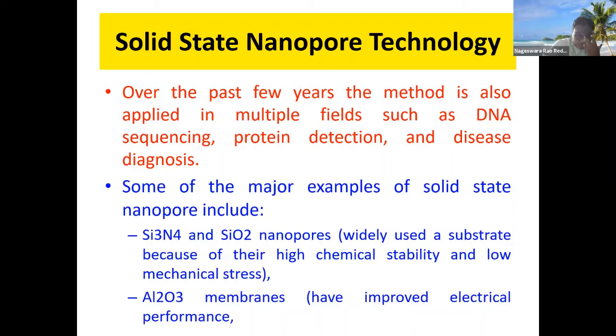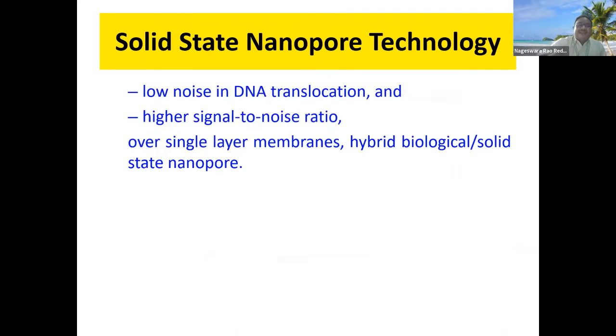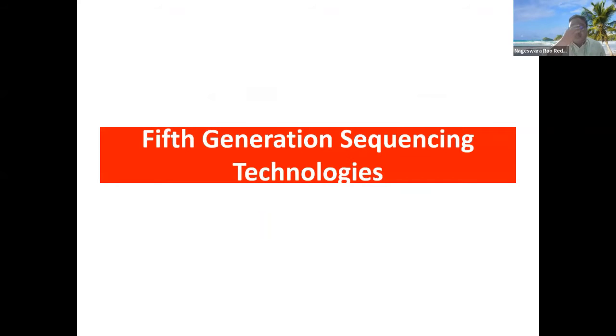Okay, so the materials which are used are silicon oxide and aluminum oxide. One gave chemical stability, another one gave improved electrical performance. This has reduced the noise during translocation, and the signal ratio is high. And two types of membranes are available for this: single layer membranes, and hybrid biological solid state. Okay, so these are the different fourth generation.